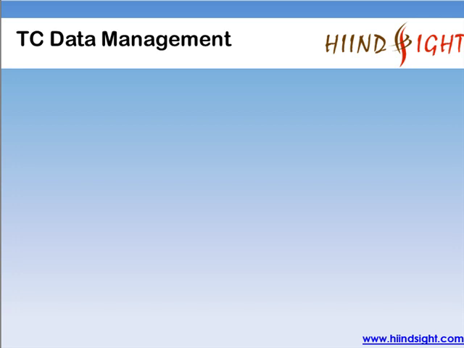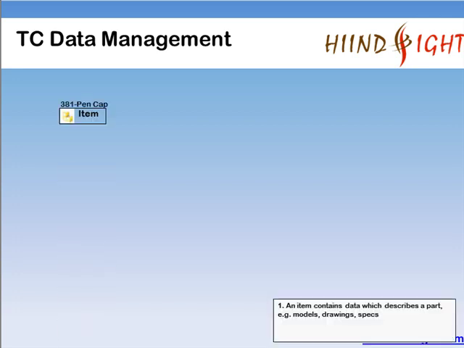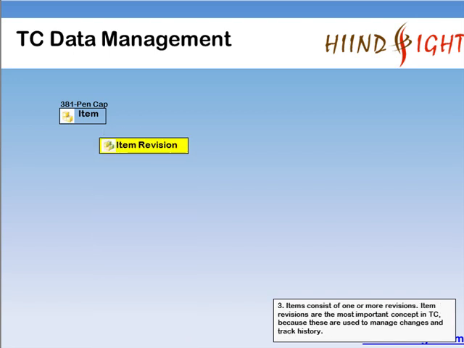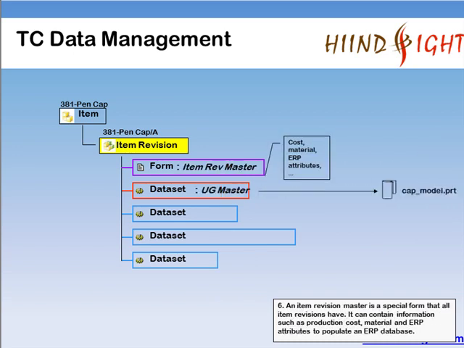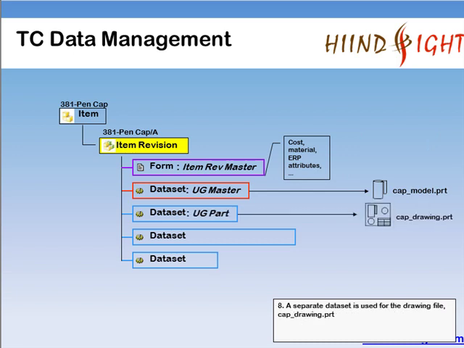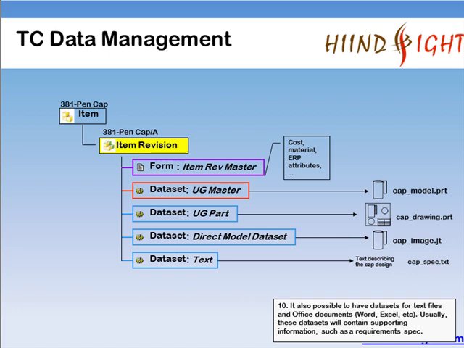Let's end this session with a quick overview about the Teamcenter data management. Whenever you create an item, for example pen cap, you also create a pen cap revision A, and over a period of time, design engineers will add forms to add more properties, and datasets, like it can be a UG master data or a UG part or a text or a JT file, and so on and so forth.